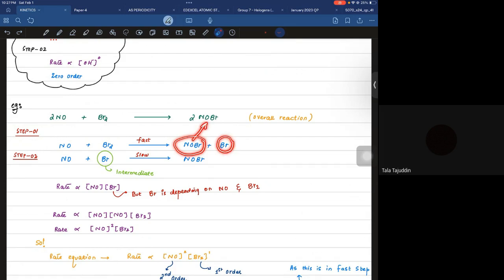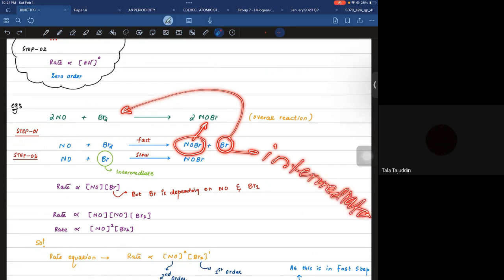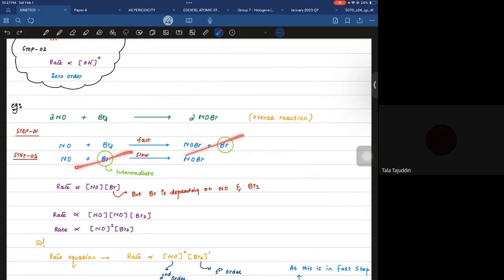But Br is not present in your overall equation, so this is your intermediate in this case. The intermediate should be cancelled, so in the next equation it should be present so that I can cancel it. Then NO would react with Br to form NOBr.